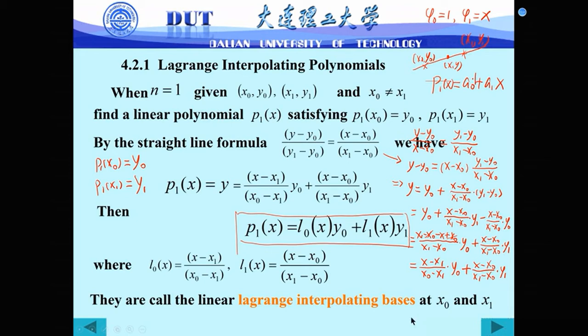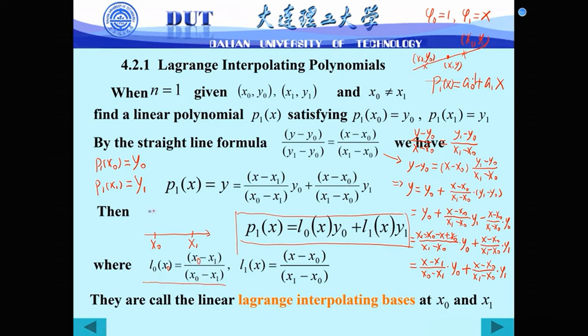Actually, I show you the geometric meaning of the two basis functions. Here is x0, here is x1, the two nodes. Now let's consider the figure of L0(x). If we check L0(x0), the function value at x0 should be 1, because the numerator is the same as the denominator.